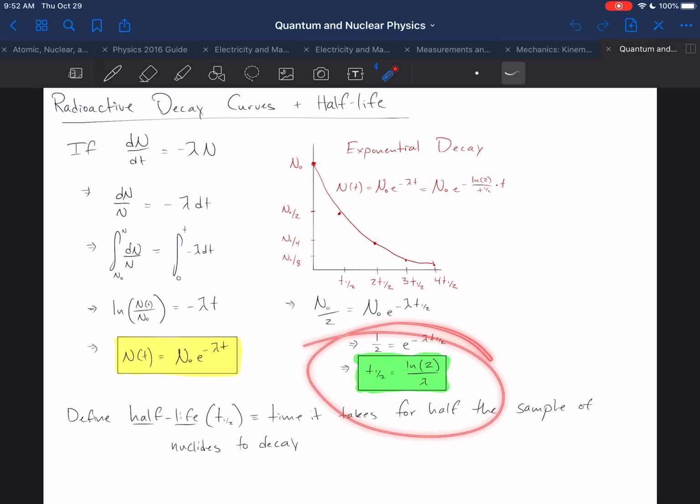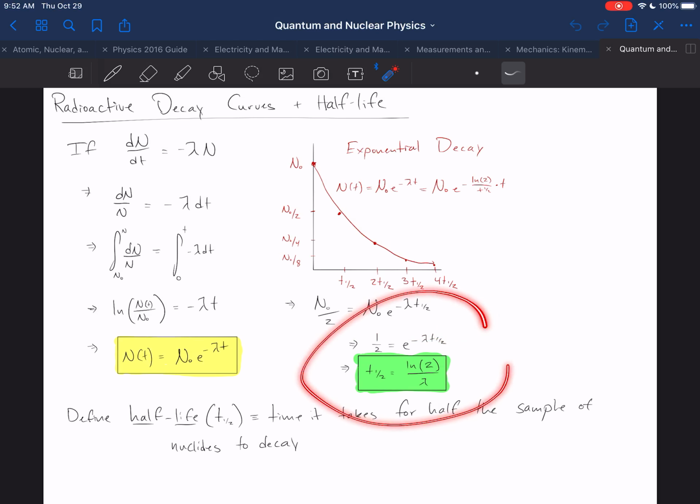So this will be useful for any arbitrary thing. If you're given the half-life, you can then determine the rest of the equation. So you're given the half-life and the original number of nuclei. Notice that the half-life and the decay constant are interchangeable in terms of information. So if you're given lambda, you can get the half-life and vice versa.